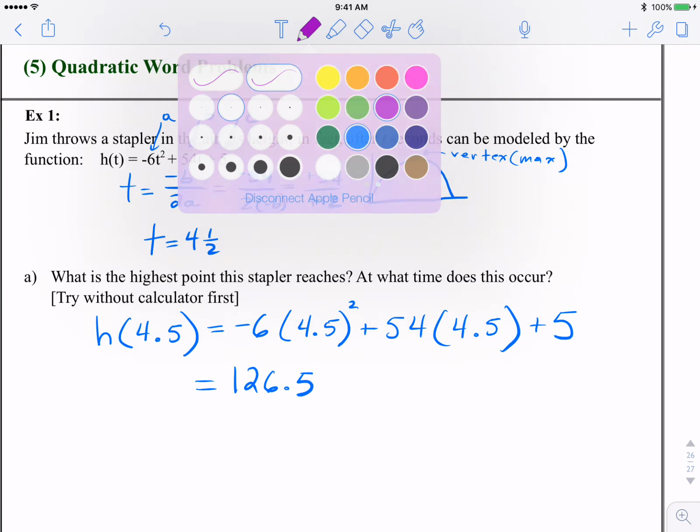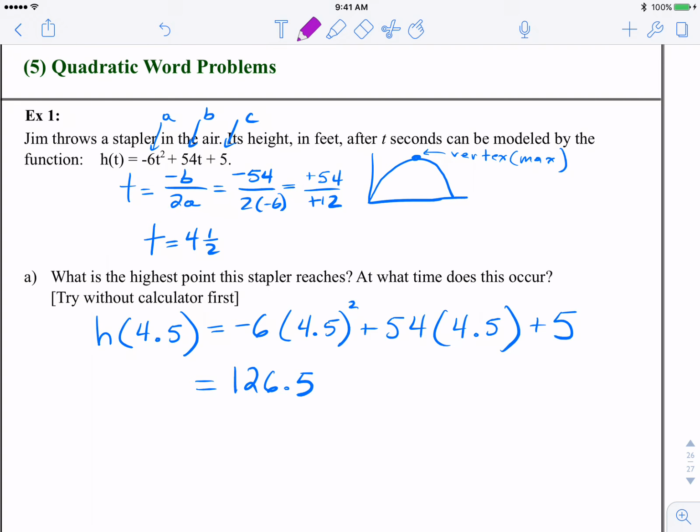You could use the graphing feature, but I think it's easier just to type it in. So the highest point is at 126.5 feet. The max height, and that occurs at 4.5 seconds. Obviously you could write things a little fancier than I did here.